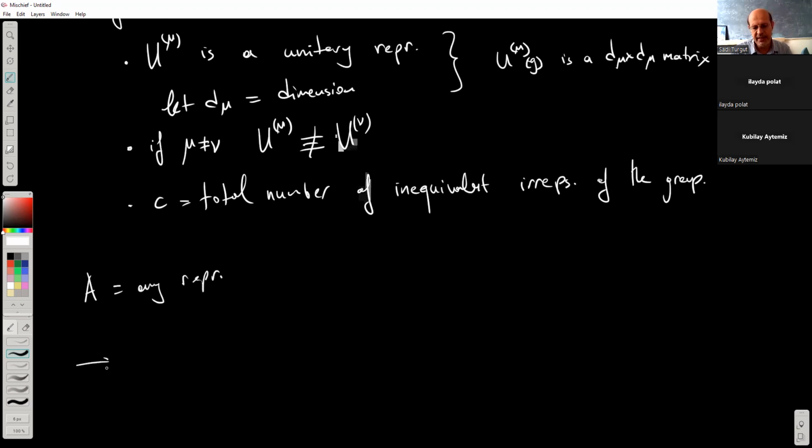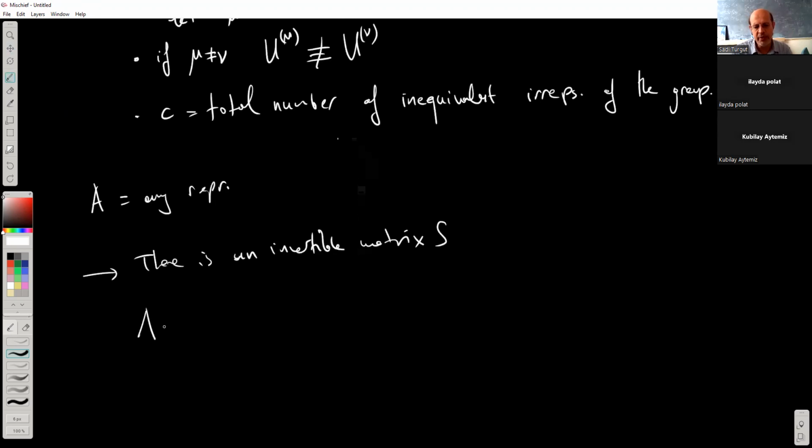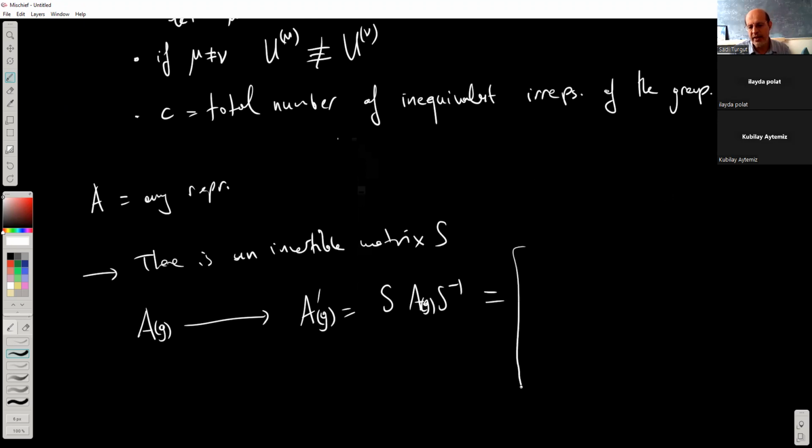That means there is an invertible matrix S such that we pass to a new representation A prime, given by that similarity transformation, which is in block diagonal form, where we have U1 as the first block. This might be repeated many times, so U1 is repeated like that.